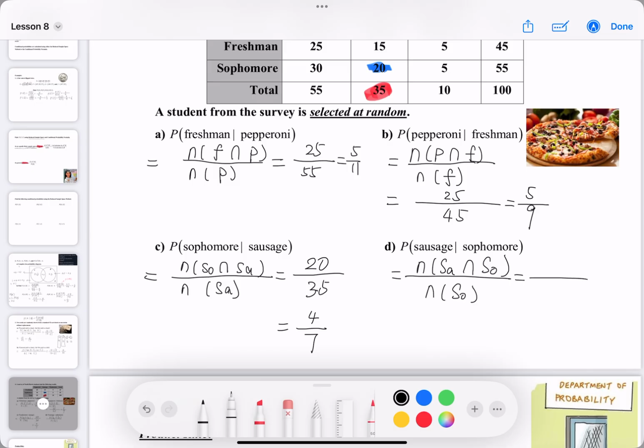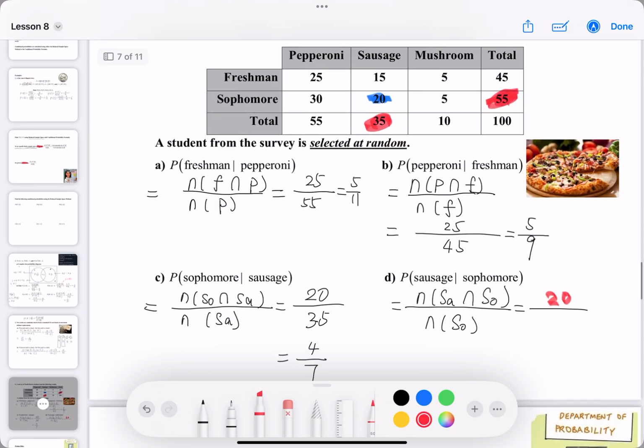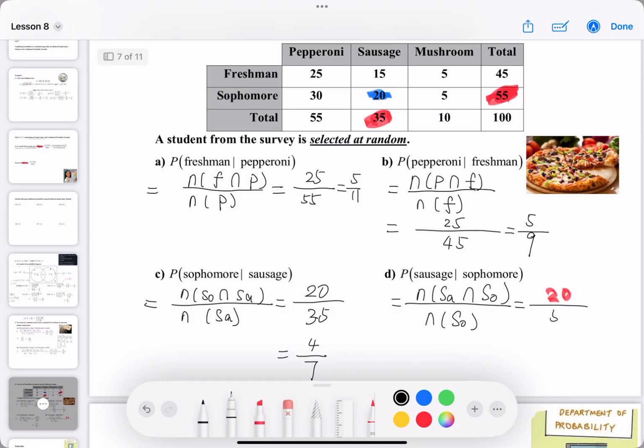Okay, N of sausage and sophomore, we solved it in the previous step. They have the same number. We got 20 here. And the denominator is N of sophomore. N of sophomore is 55 here. So let's put 55. Top and bottom, they are all divisible by 5. 4 on the top. Bottom is 11.